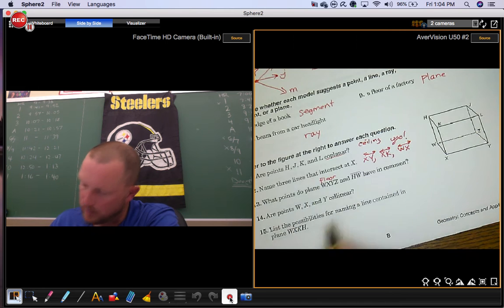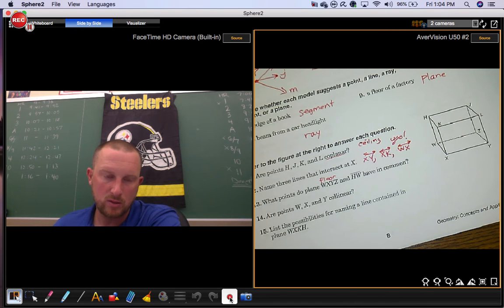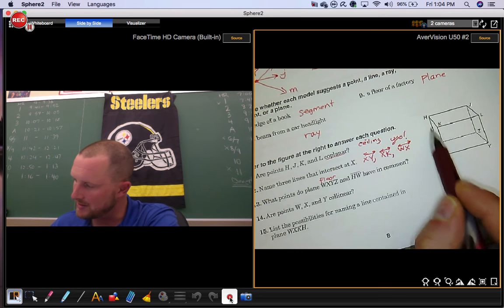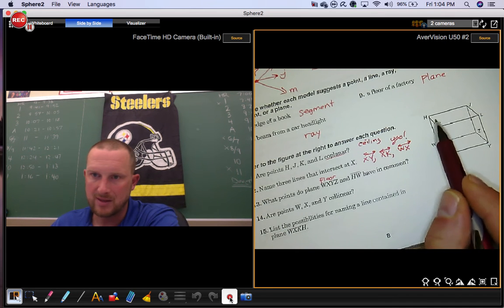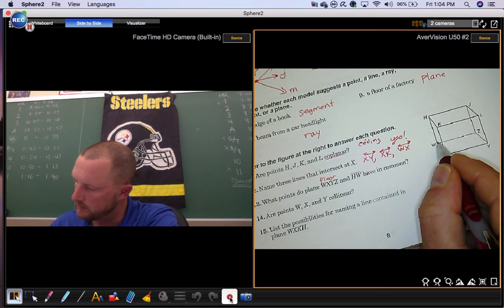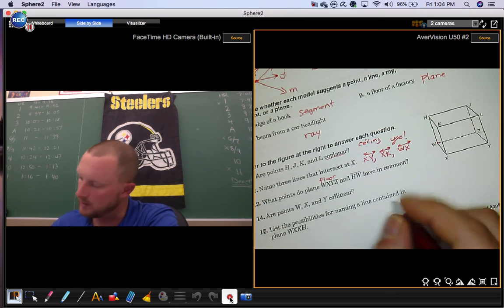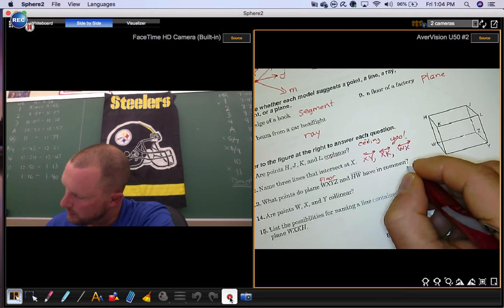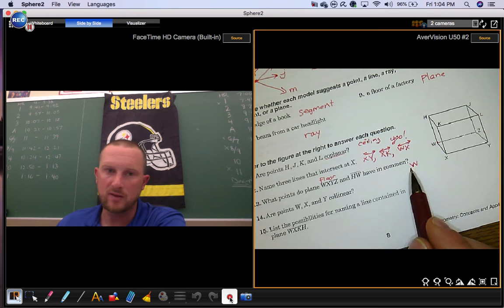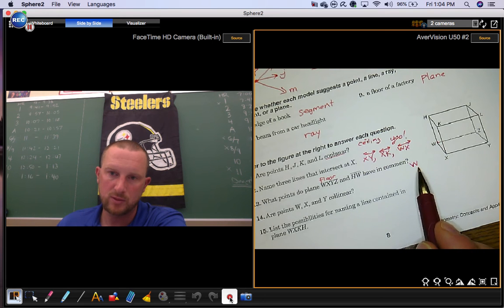Help yourself out. Write down floor. What does the floor have in common with segment HW? That's this guy. Doesn't this segment touch the floor? Touches right there at W. And all I have to write is W because when you read this, that means point W.